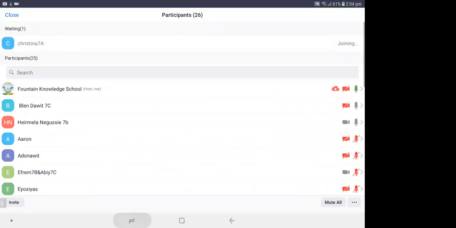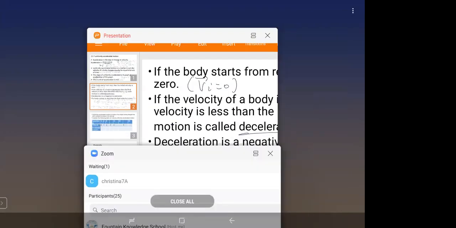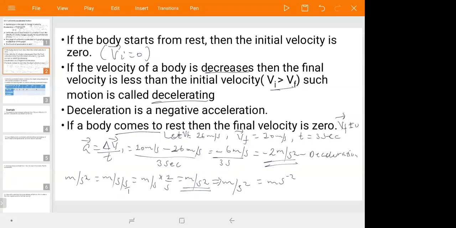If you know this, you can calculate the acceleration of a given body. Clear? I think the points related to acceleration are clear for you.